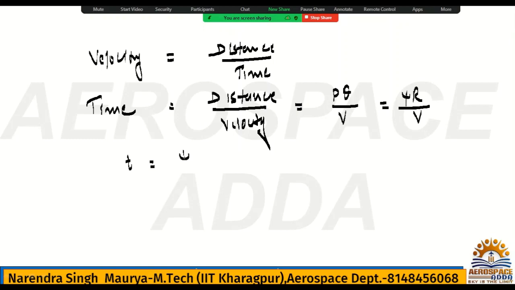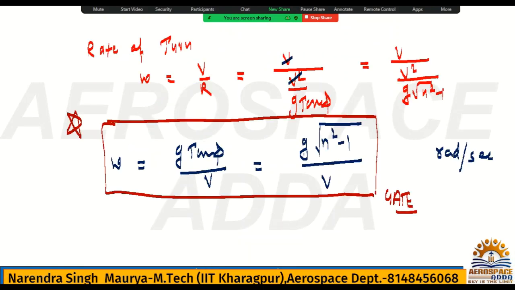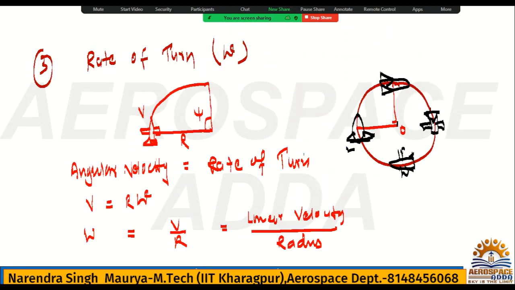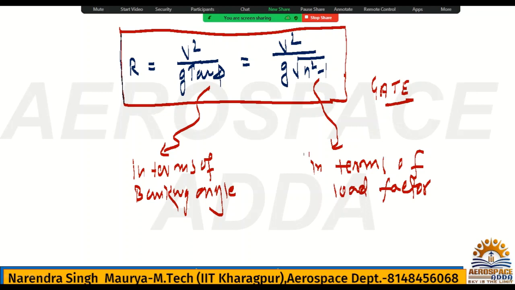So the time required is nothing but psi by V into R. R is the radius of turn, or turning radius. What is the R you have calculated? Check. R is nothing but V square upon g tan phi.